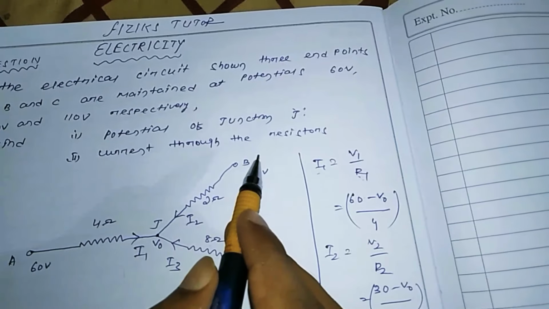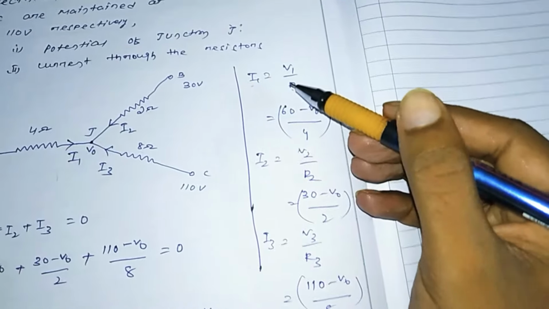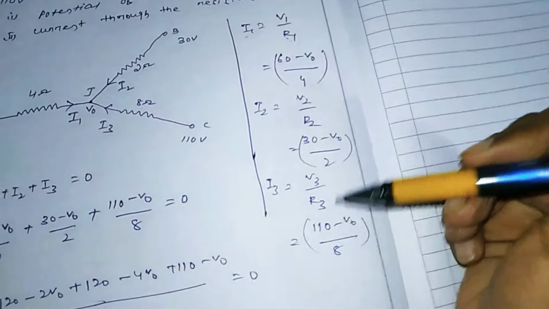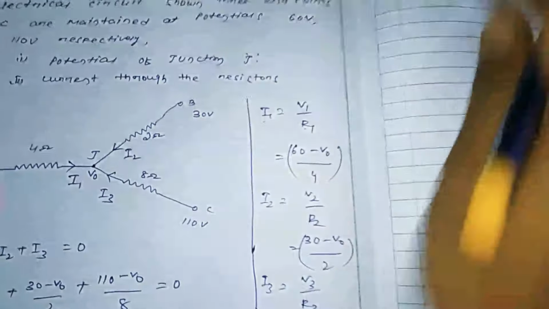The second question is the current through the resistors, the values of I1, I2 and I3. We found V0 is equal to 50 volt, so we can put in the value of V0.